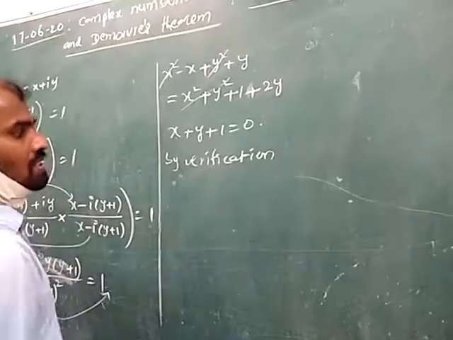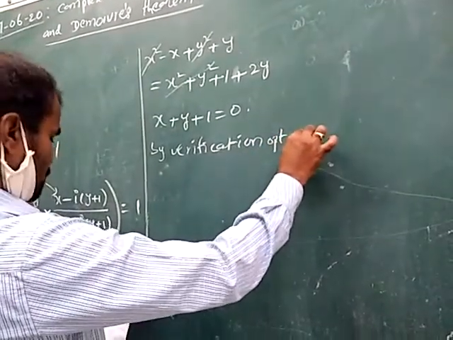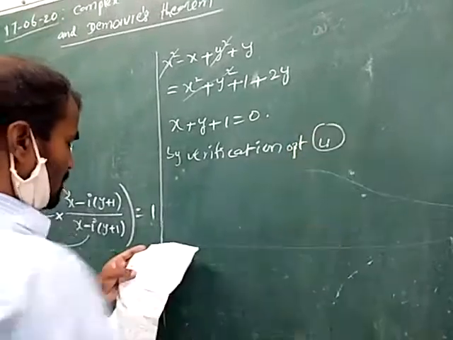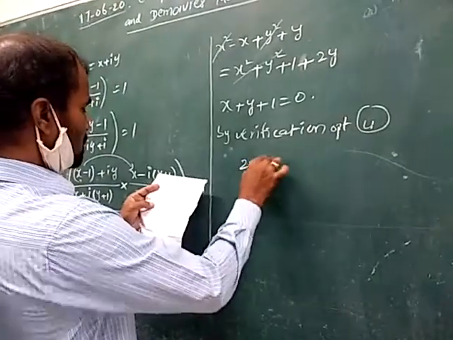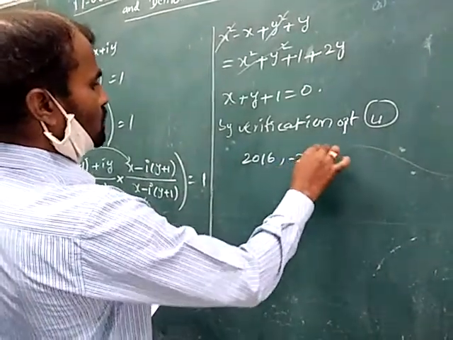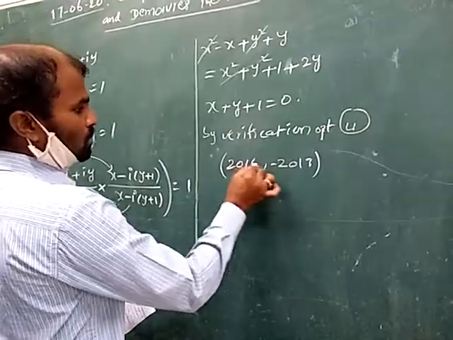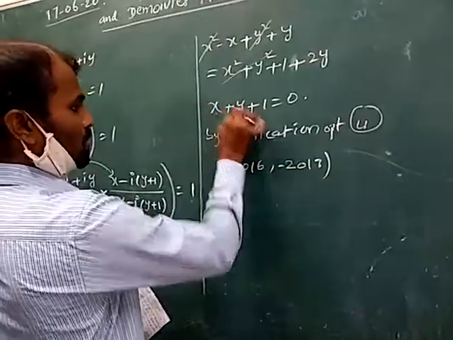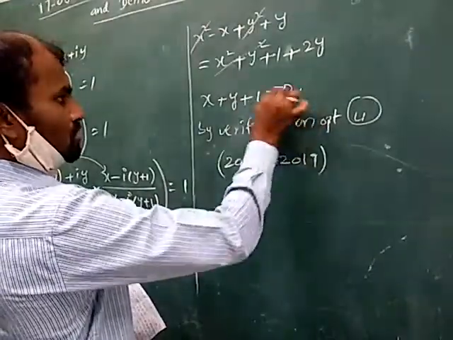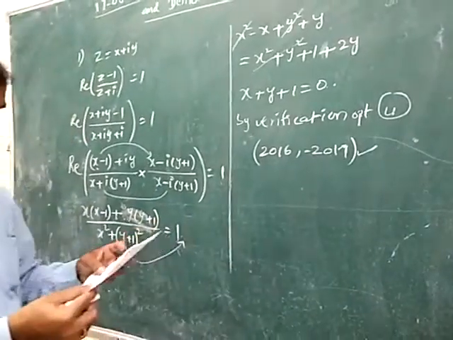The x and y values are given in the options. So by verification, option 4 is our answer. In option 4, what is given? 2016 comma minus 2017, this is the point (x, y). If you take the x value 2016 plus 1 is 2017, minus 2017 equal to 0. So this is our answer.